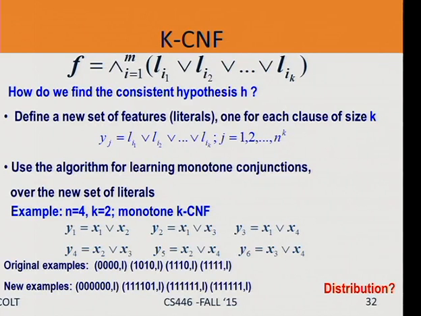For example, I commented that this distribution will never be a uniform distribution. So if somehow you took your PAC definition and said, instead of for all distributions, I'm going to develop a theory that only learns over uniform distributions, we cannot do this transformation.